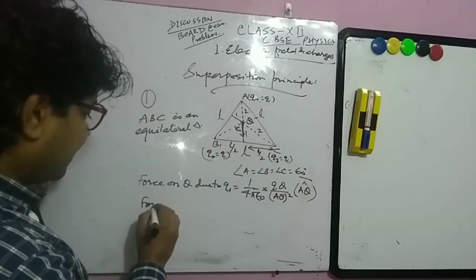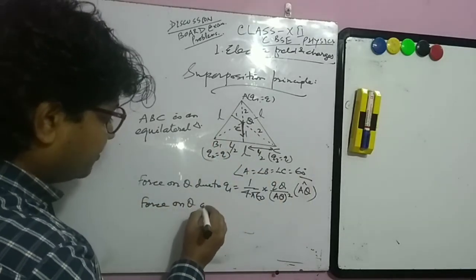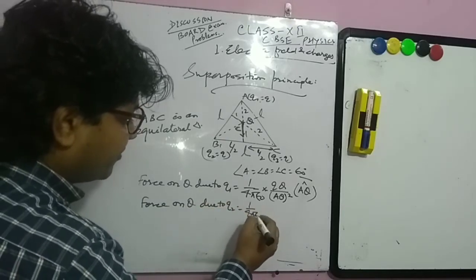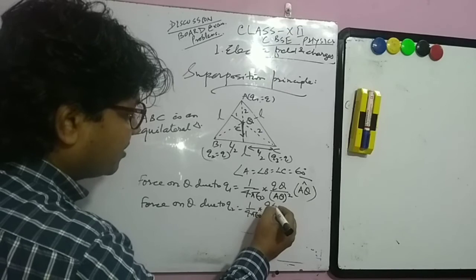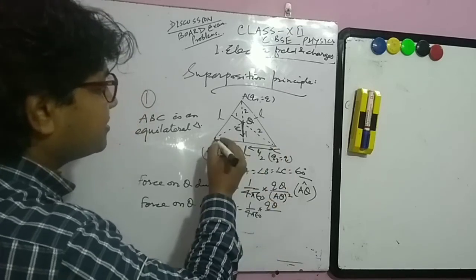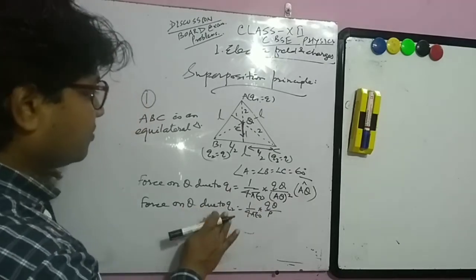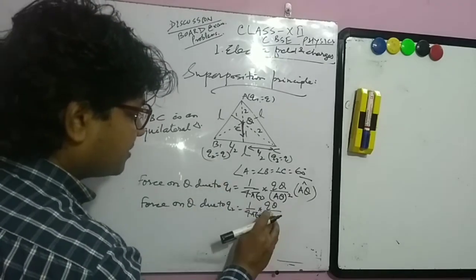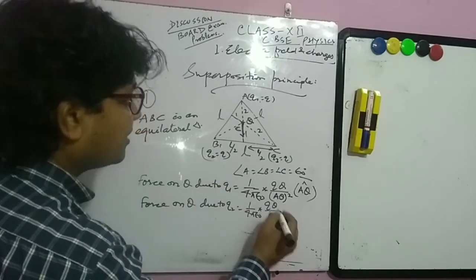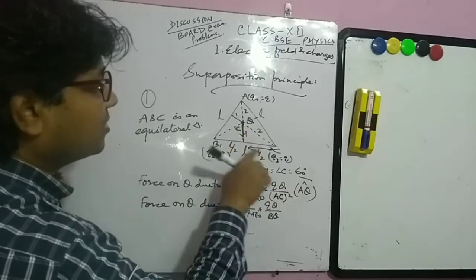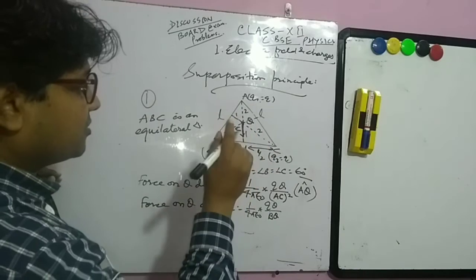Similarly, we can write the force on Q due to Q2, which is 1 upon 4 pi epsilon naught Q into Q divided by BO square.